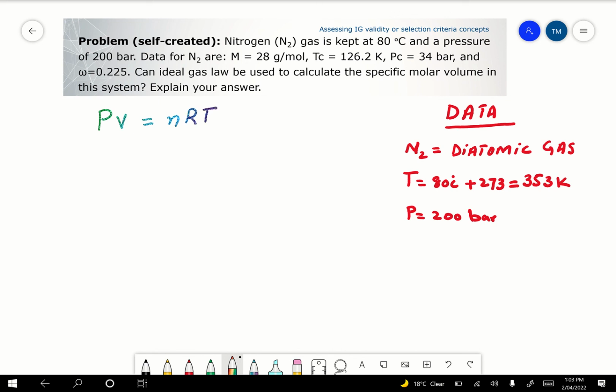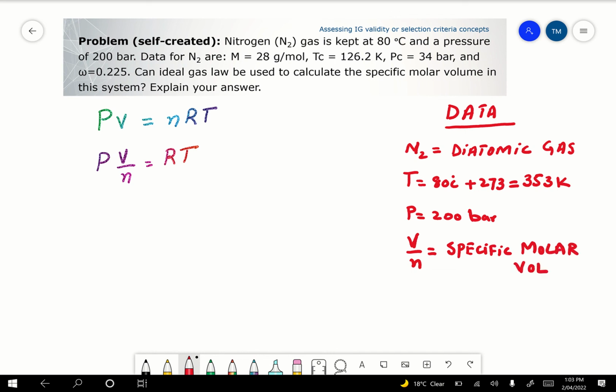If we rearrange this equation, V over n is equal to RT over P. This volume over number of moles is called specific molar volume, right?